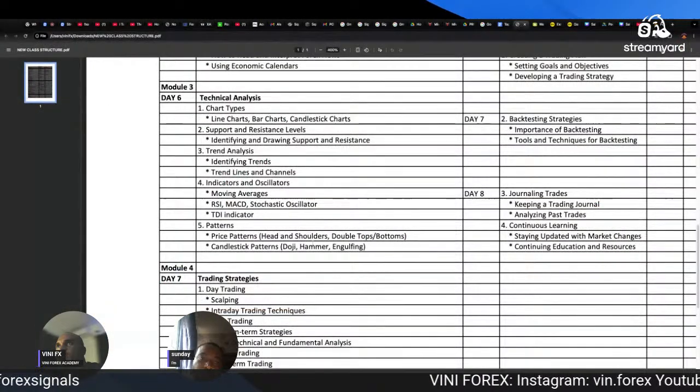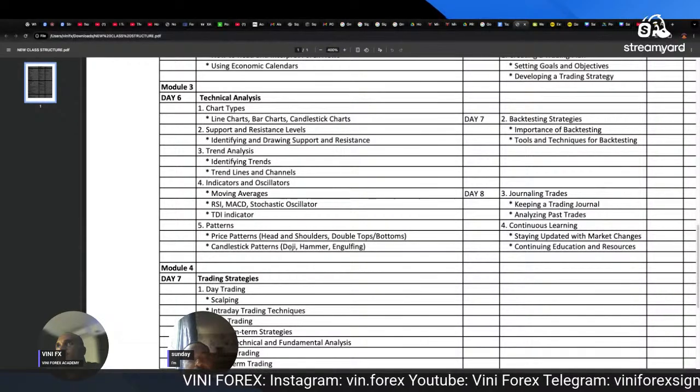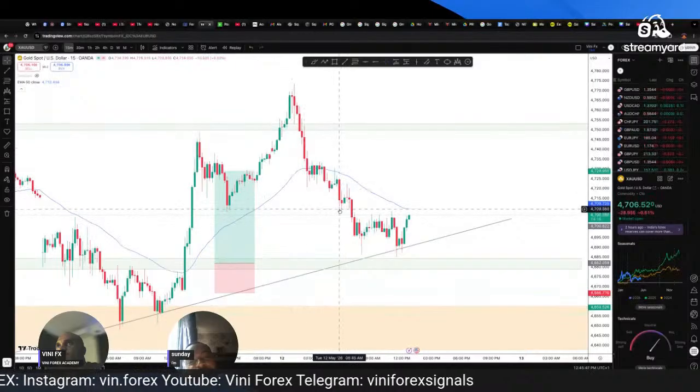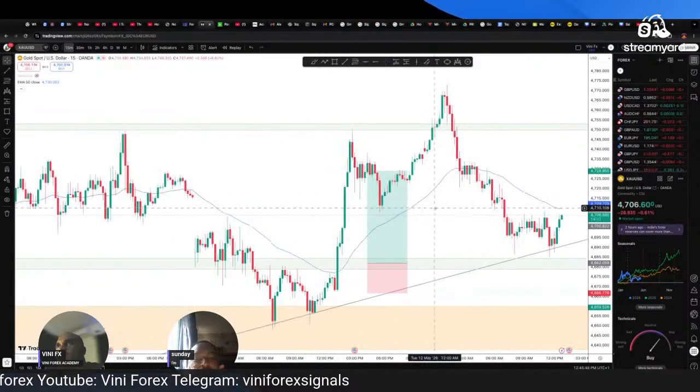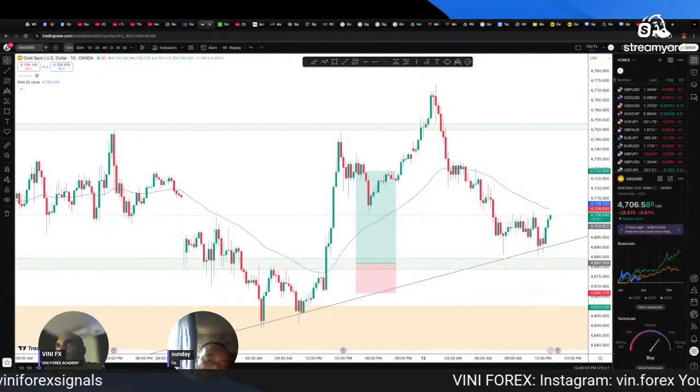The next should be, okay, candlestick patterns: doji, hammer, and then engulfing. So let me go and show you a doji candlestick. Okay, let's go and browse it first.